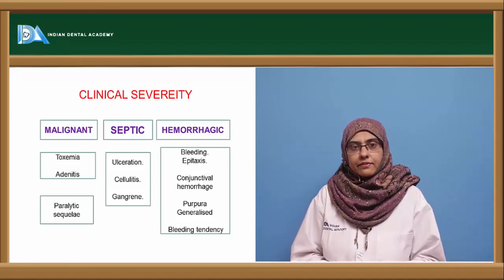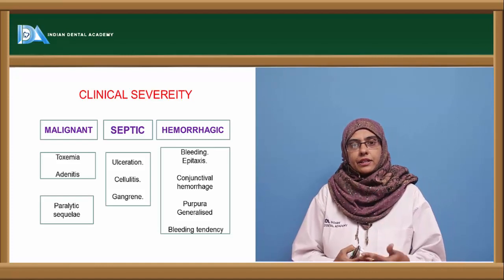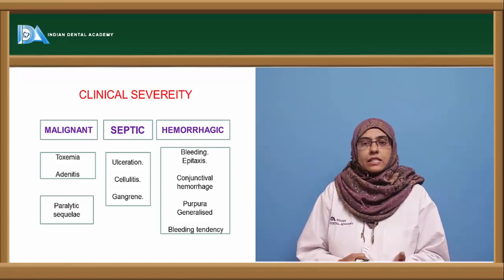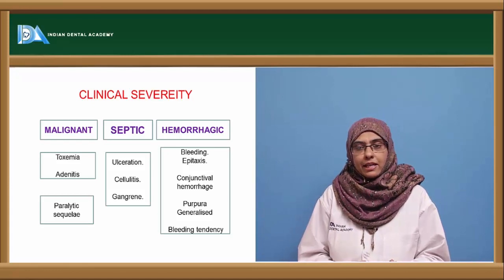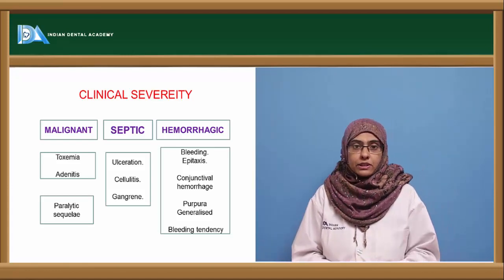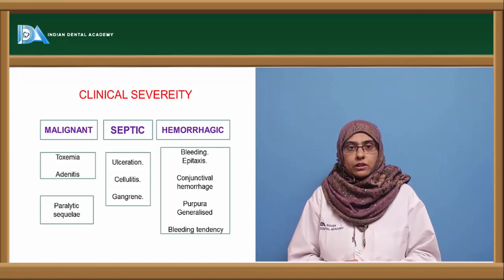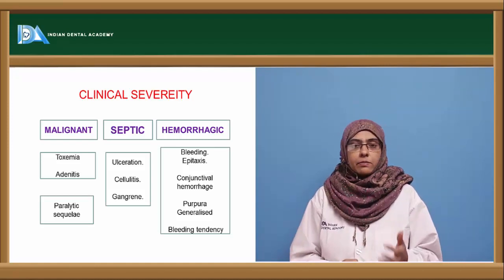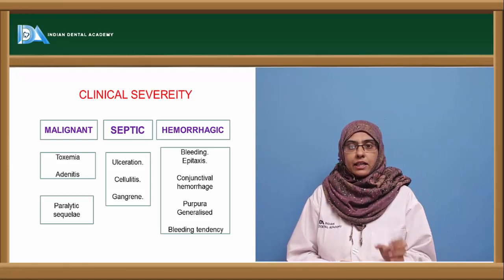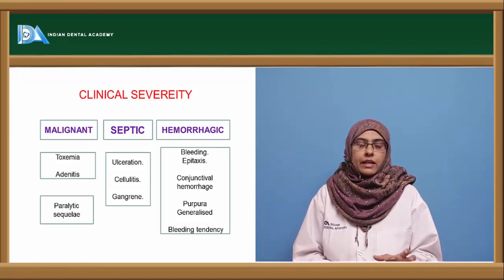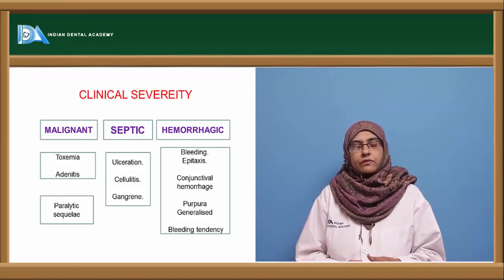Depending upon the clinical severity, you can classify the infection into malignant, septic, or hemorrhagic. The most severe one is the malignant, also called hypertoxic, which includes toxemia, where toxins are produced at a higher level and cause the pathogenic effect, with a marked adenitis called a bull neck, which is the characteristic feature of this particular disease.